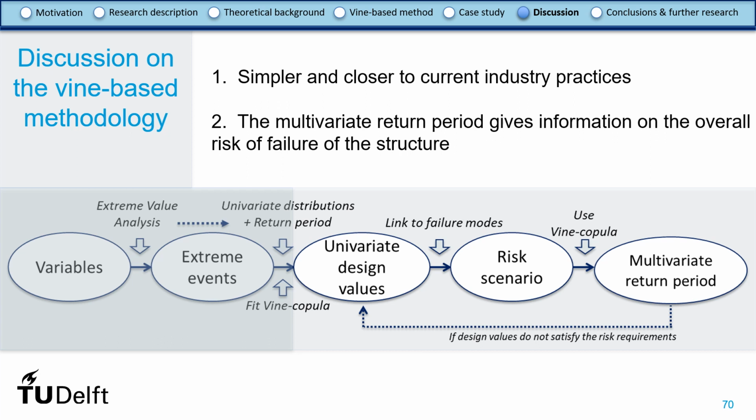And by assuming that the selected risk scenario here represents the actual failure mode of the structure, then the multivariate return period that is computed gives the information on the overall risk of failure of the structure. And then it just becomes a matter of choice whether it is possible or not to modify the design based on experience and knowledge of the structure's behavior.